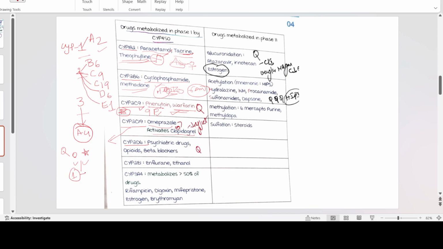And that enzyme is CYP2C19. Two substrates, one enzyme. Thus, omeprazole decreases the effect of clopidogrel. Most common enzyme required, that's fine.